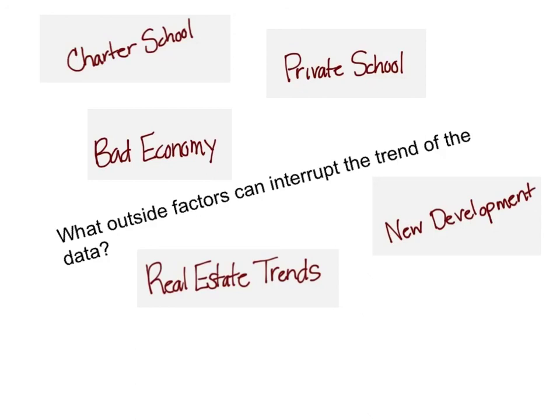In fact, any sort of real estate trend, like empty nesters leaving and migrating toward the south, toward warmer weather because they have a big empty house, will cause new families to move into the area. New families moving into the area means new kids enrolled in the local school system.